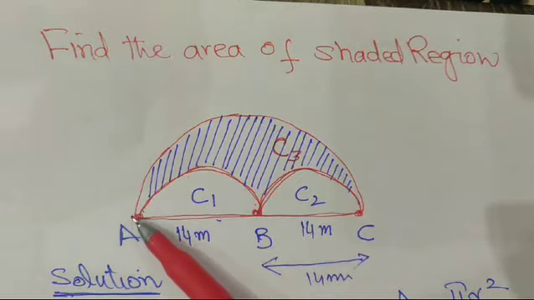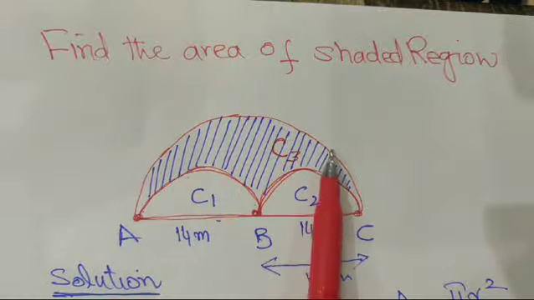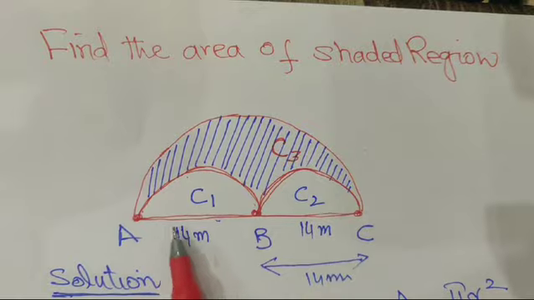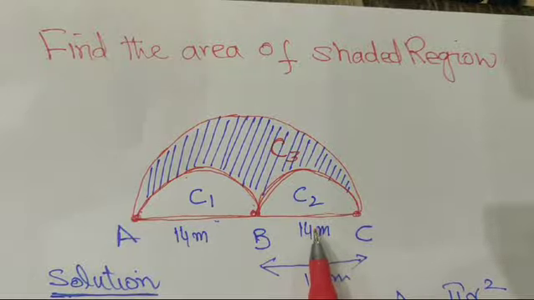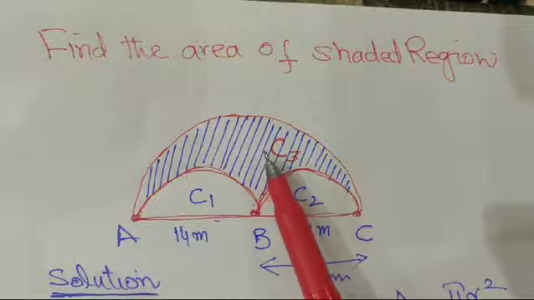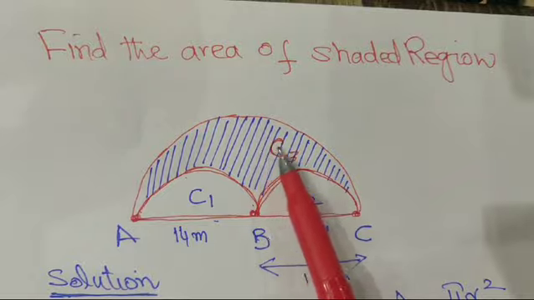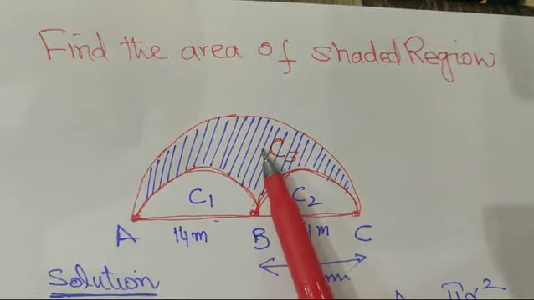So the greater semicircle has diameter 14 plus 14, that is 28 meter. We have to calculate the area of these shaded regions.